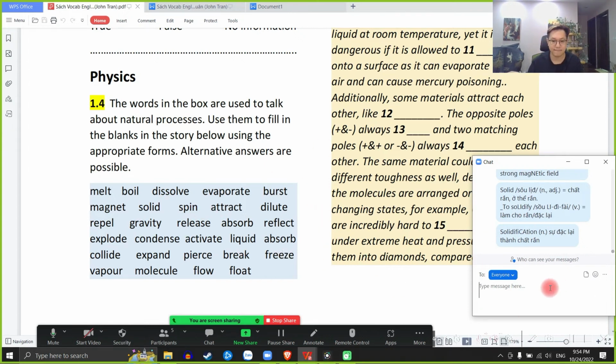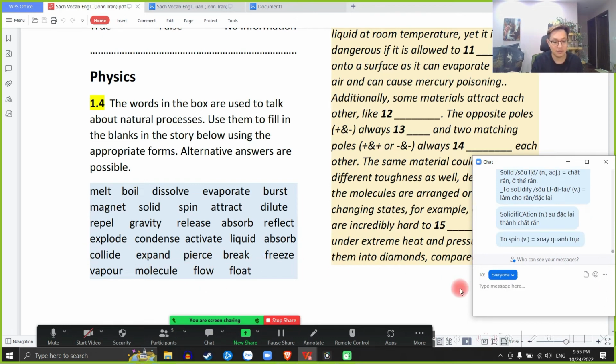Next one, spin. To spin means xoay quanh trục. So just spinning, spin around. Right. Next one, to attract. Hấp dẫn.